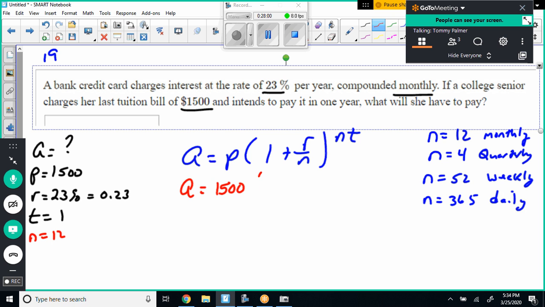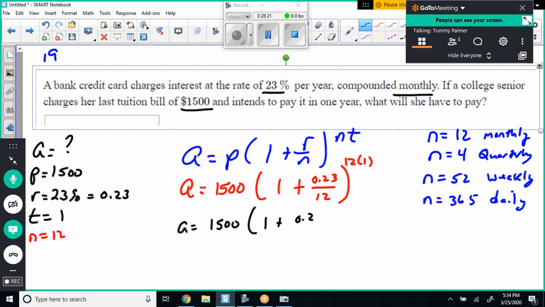1,500 times 1 plus 0.23 divided by 12, raised to 12 times 1, right? Now, in order to do this, you can type it all in just the way it looks and you can get it, but I tend to do this.